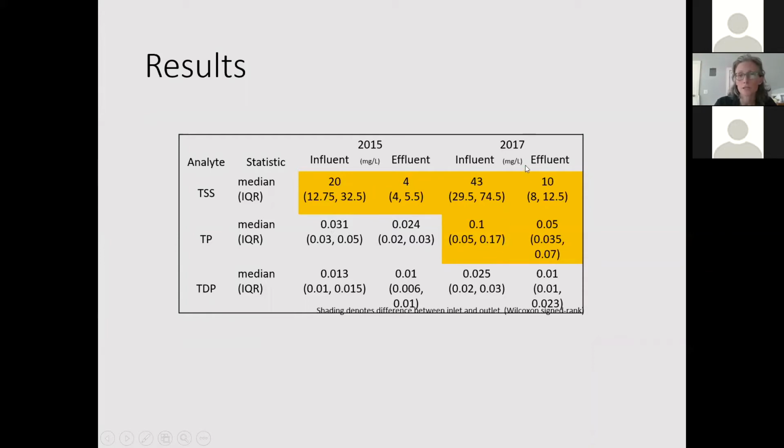And then you can see in 2017, after a full year with the floating treatment wetlands, we are getting significant removal of total phosphorus, but not of total dissolved phosphorus. So this is concerning because that means, at least without the floating treatment wetlands there, we're getting zero removal of phosphorus, at least from the storms that we were sampling.